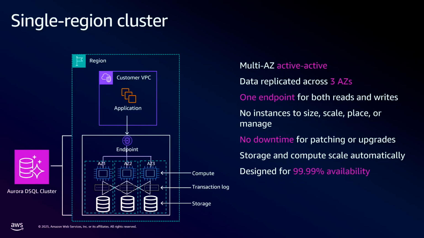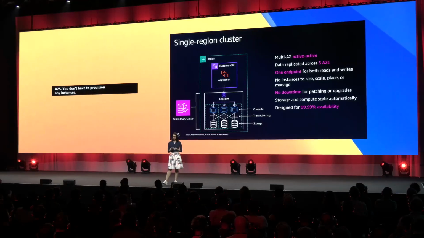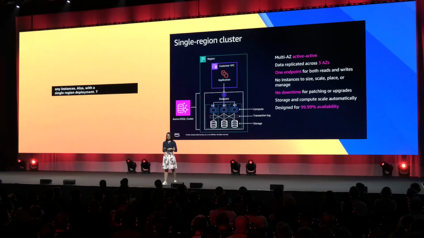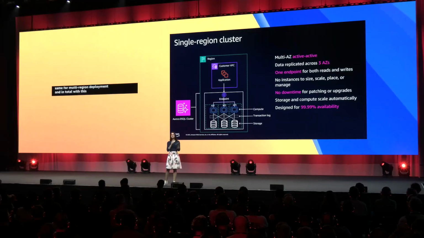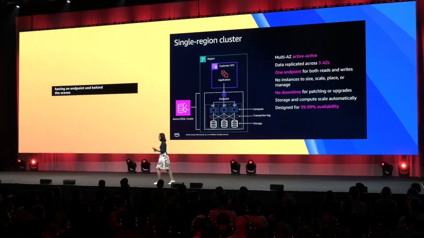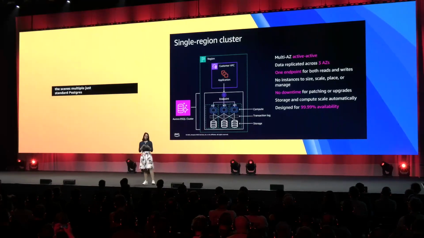You don't have to provision any instances, also with a single region deployment, the same as for the multi-region deployment. And in total with this deployment, you are not just having an endpoint and behind the scenes multiple standard Postgres instances, but it's fronting this distributed setup which I mentioned before.